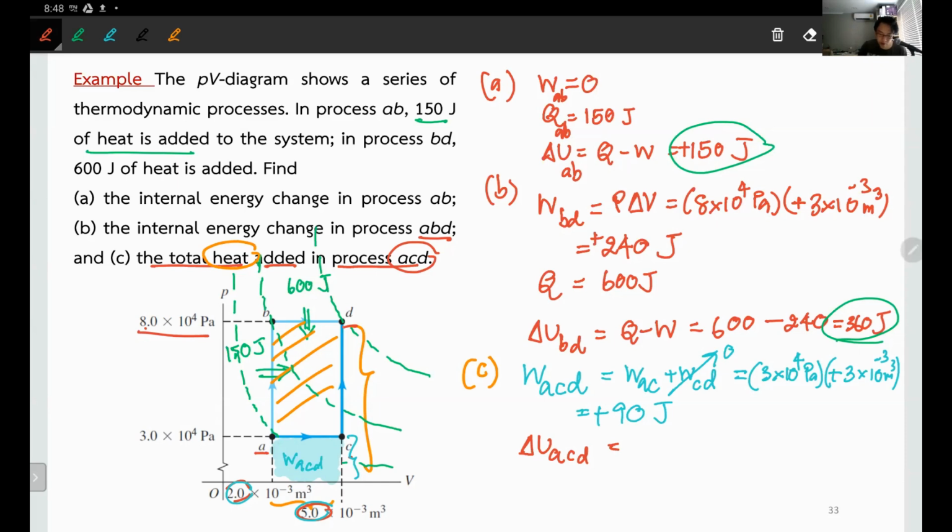So whether you go along the upper route to get to D, or you go from A to B to D, or from A to C to D, the change of the internal energy will be exactly the same. So it's going to be the same as if you go from A to B to D.